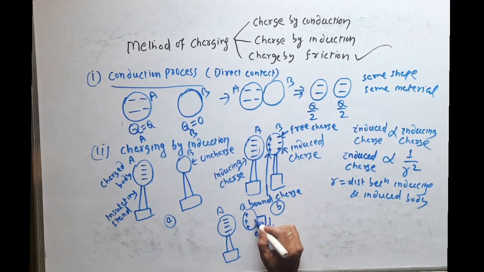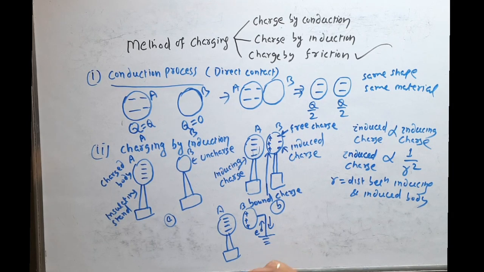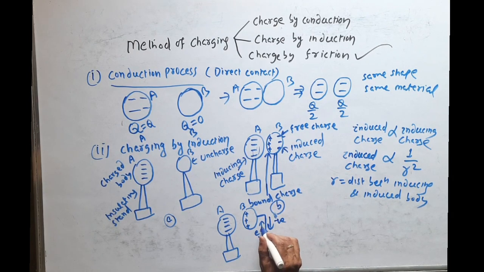That deficiency of electrons will be compensated by electrons from the earth. Or you can say the negative charge will move towards the ground, or electrons will move towards the body, so that this side will be neutral.